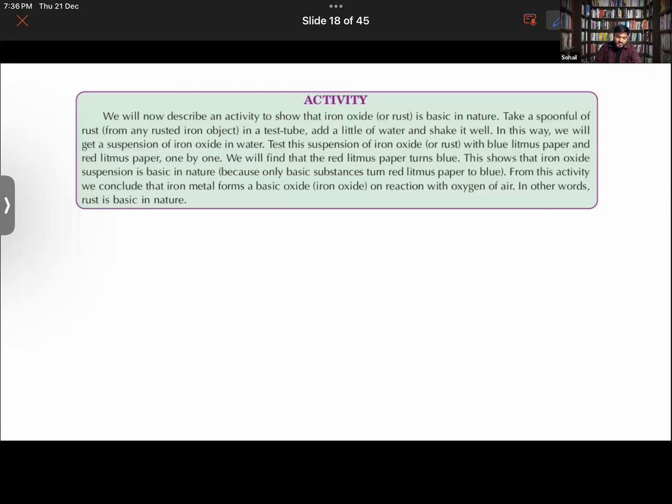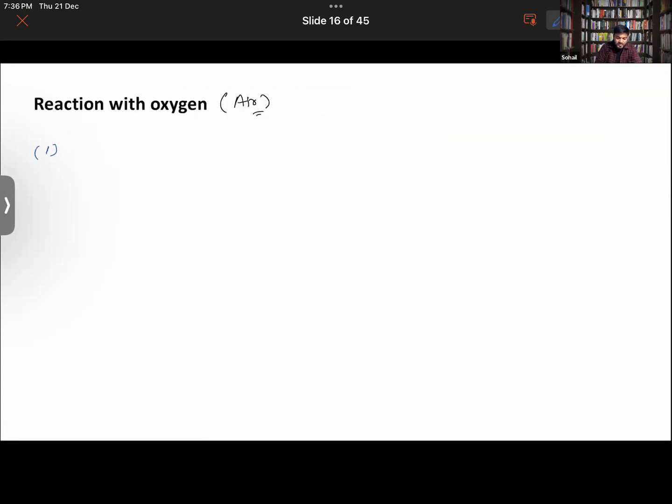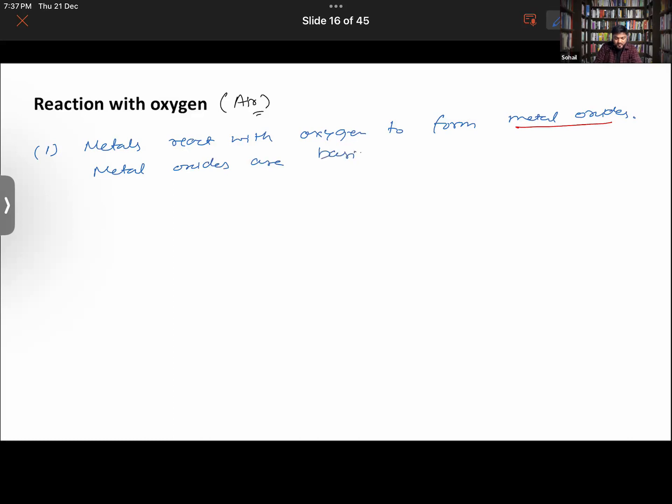So what we get to see here is that metals react with oxygen to form metal oxides. The second thing about the metal oxides formed here is that they are basic in nature.